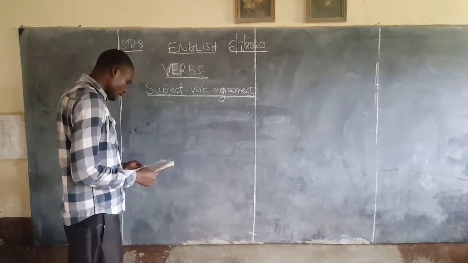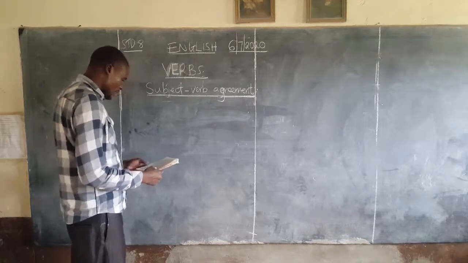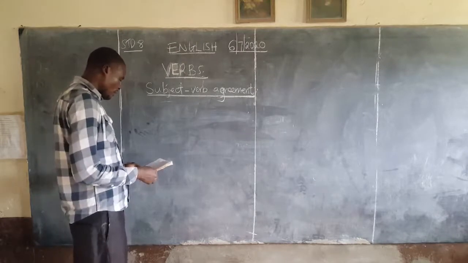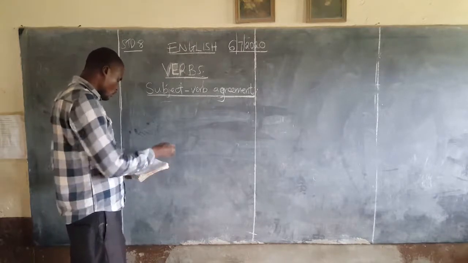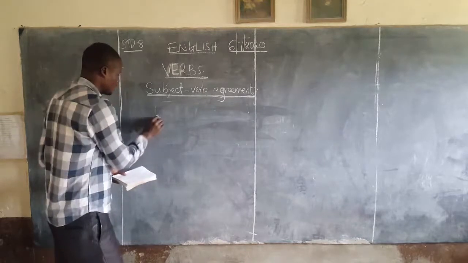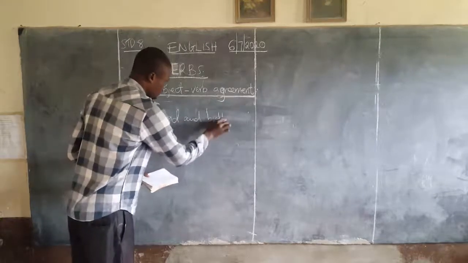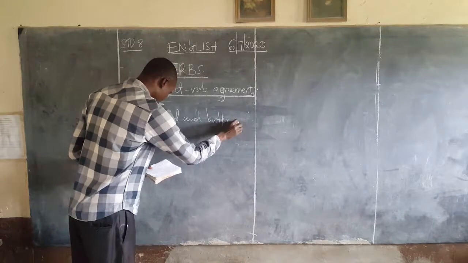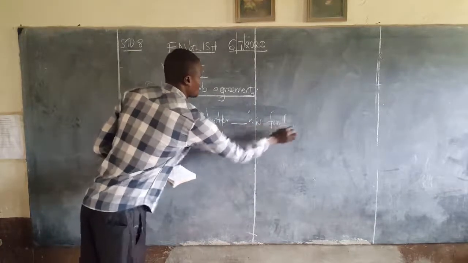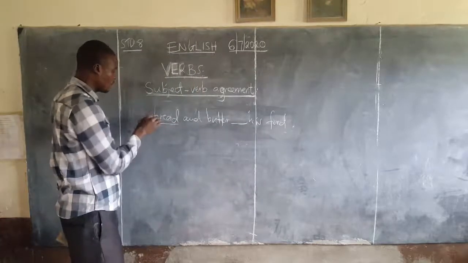Number 3 is when and is used again, but the same person or one thing is joined, like the cook and the houseboy. Or bread and butter. Let me use that. Bread and butter, dash, food. We know very well that we talk of loaves of bread, a loaf of bread.